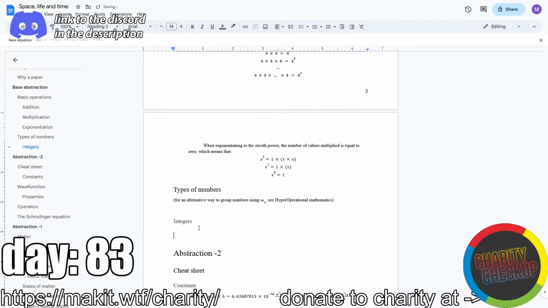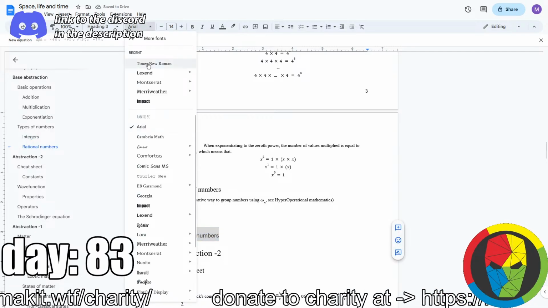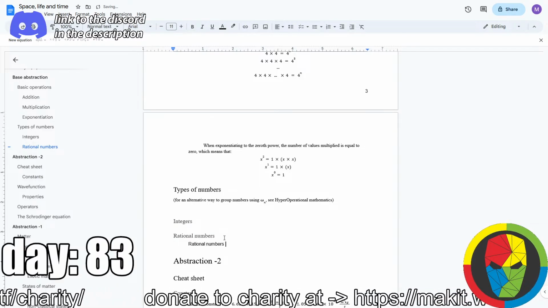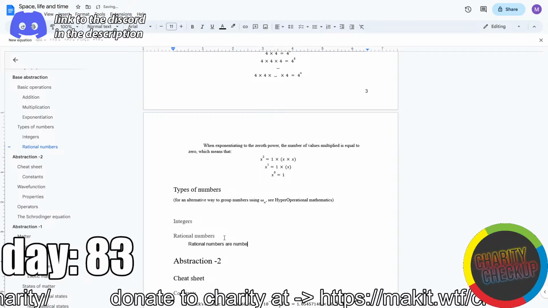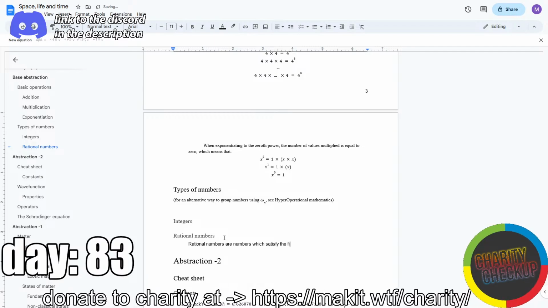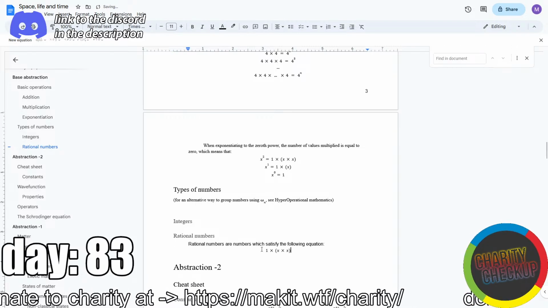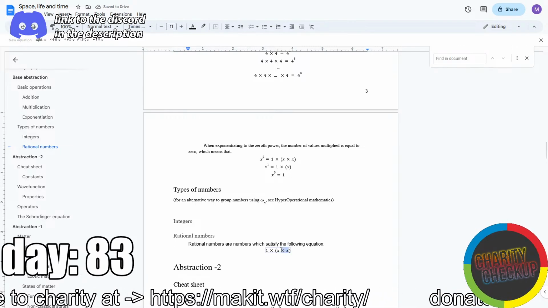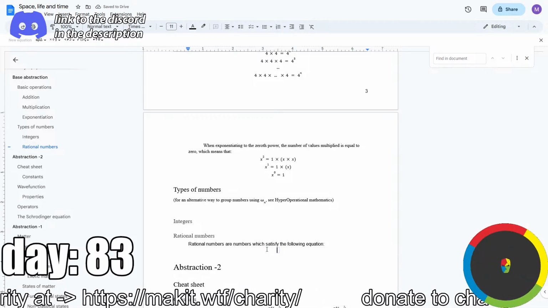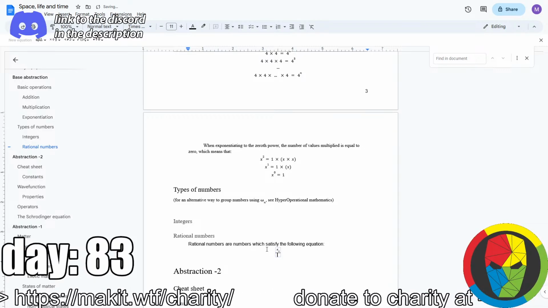Rational numbers are a breeze, because I can do it in one equation. Rational numbers are numbers which satisfy the following equation. Which basically means, let's do this: x0 divided by x1.